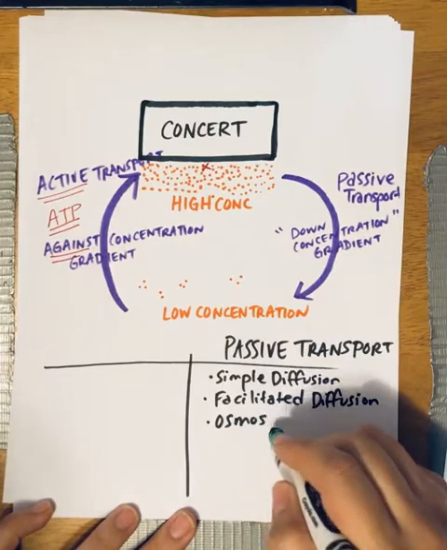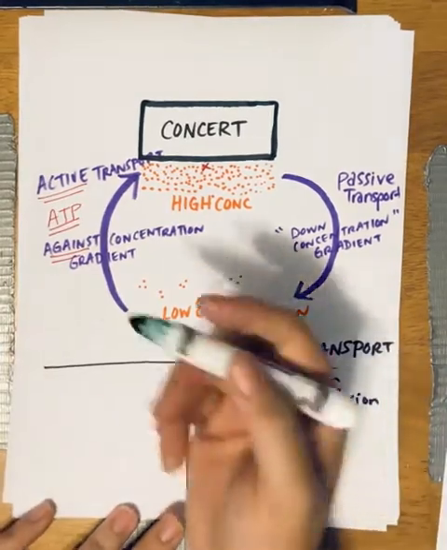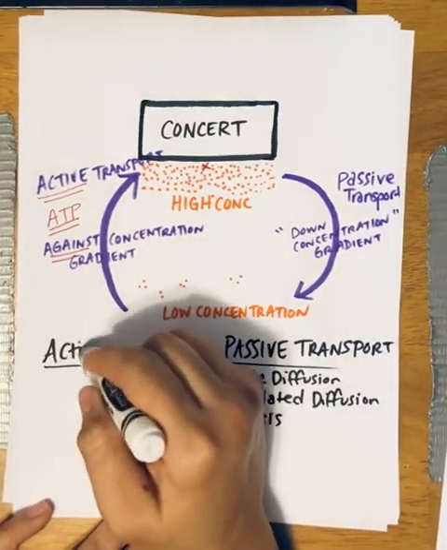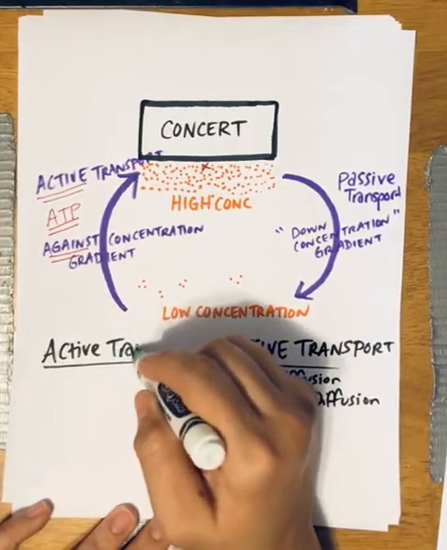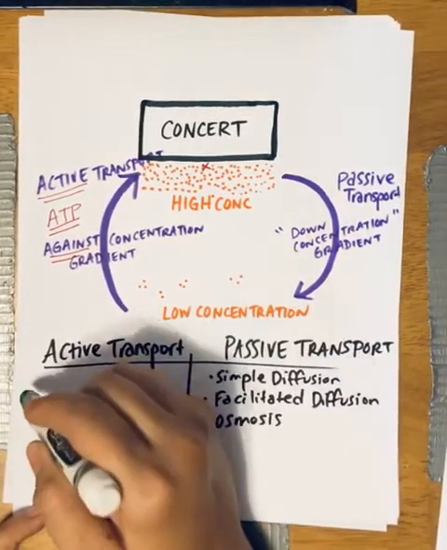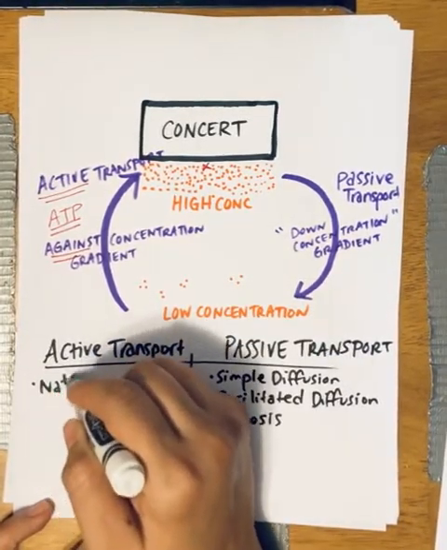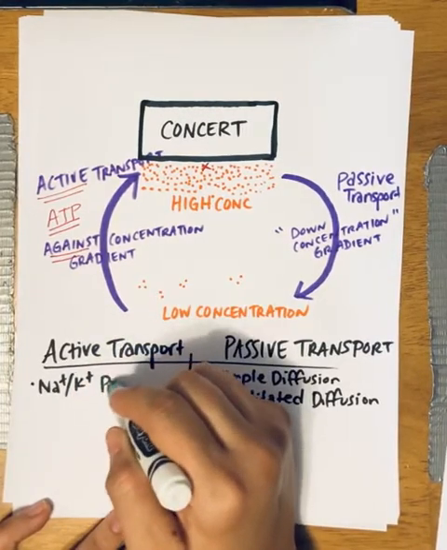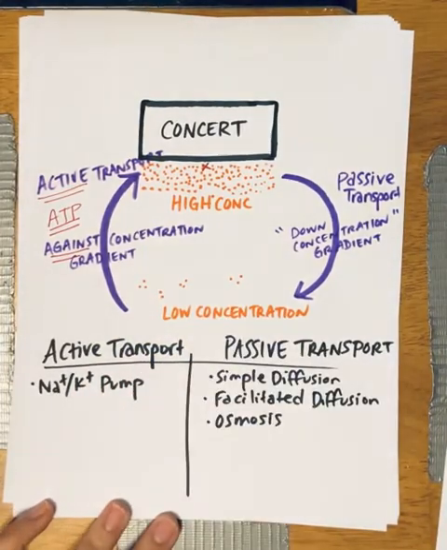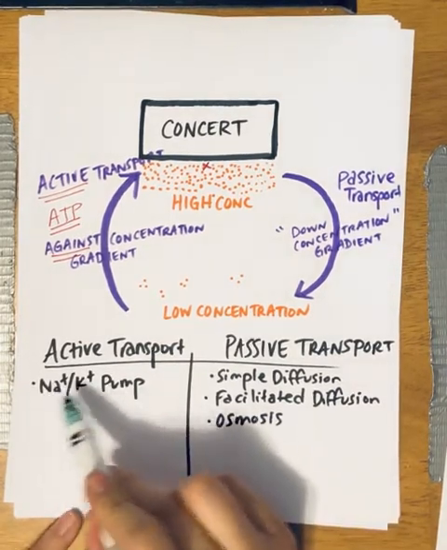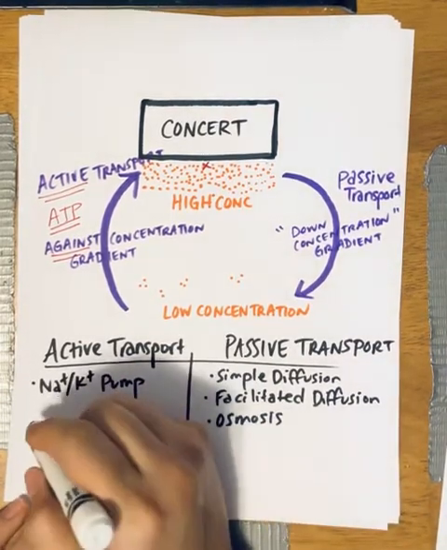Osmosis literally has its own video. For active transport, we're going to talk about the sodium-potassium pump. Now, sodium is Na, K is potassium. This is how you write out the sodium-potassium pump.